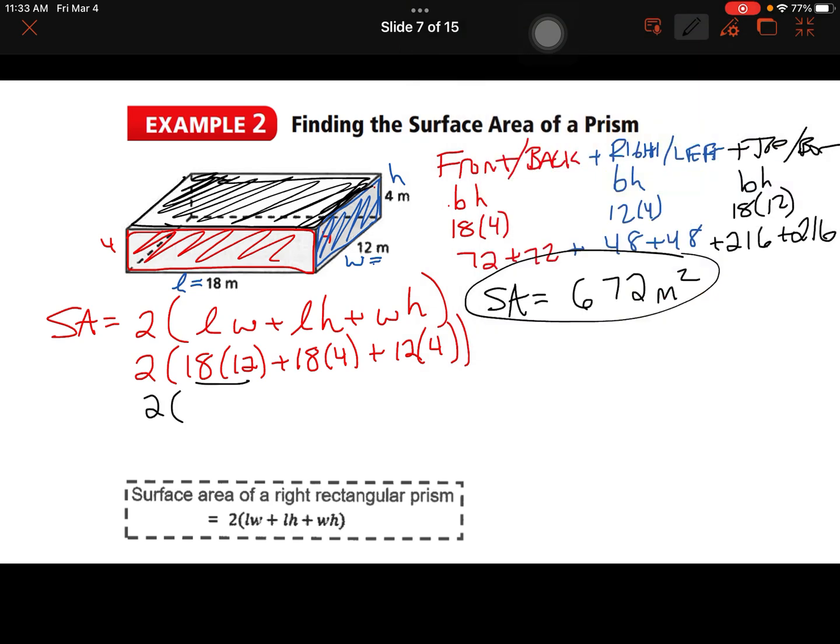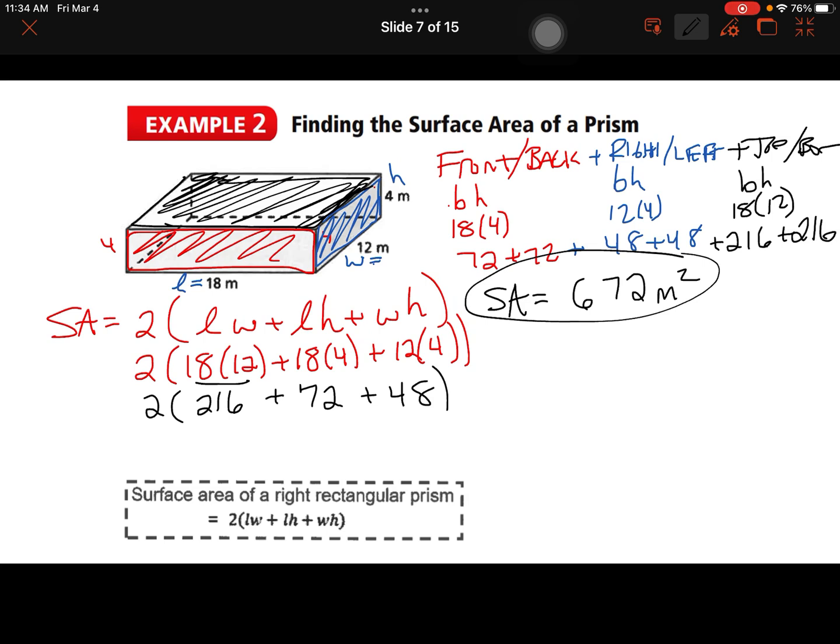So I have 18 times 12, which is 216, which, notice, was the same as the top and the bottom. So that was finding the top and the bottom when you did length times width. The length times the height gives you the front, which is 72, plus 4 times 12, which is 48, the sides.